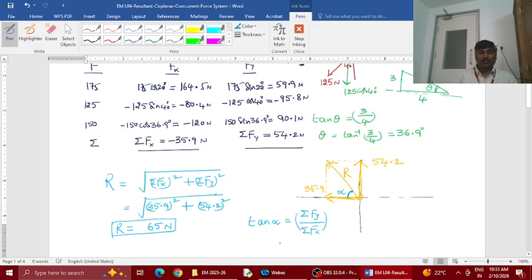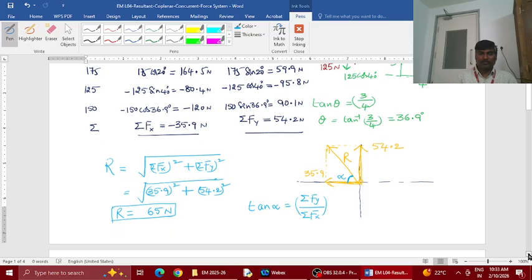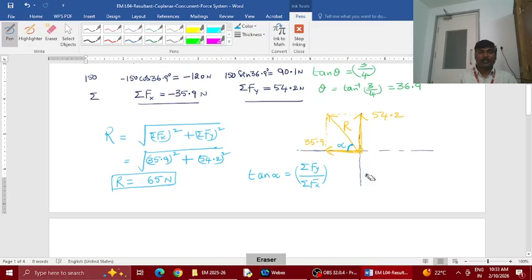Substituting, it is 54.2 divided by 35.9. So alpha is tan inverse of this number, which is 56.5 degrees. This is the direction, along with the magnitude.